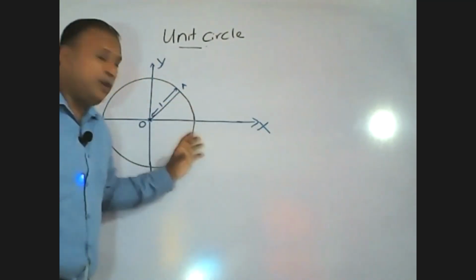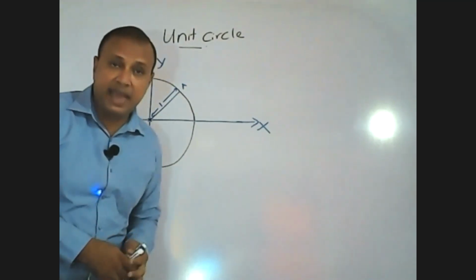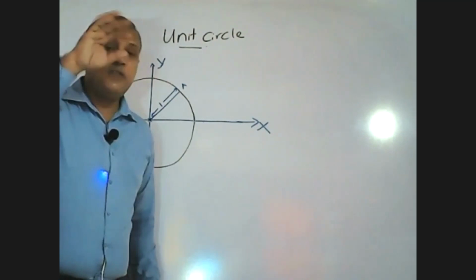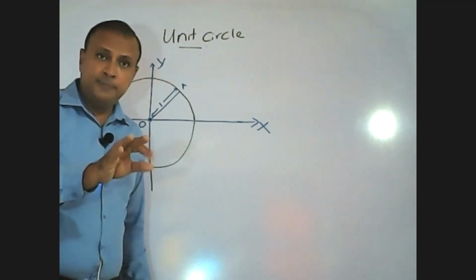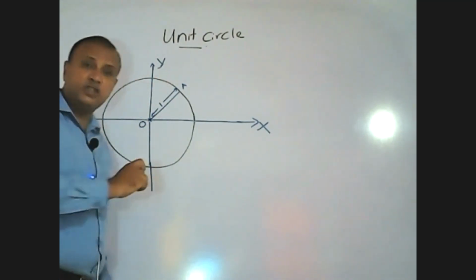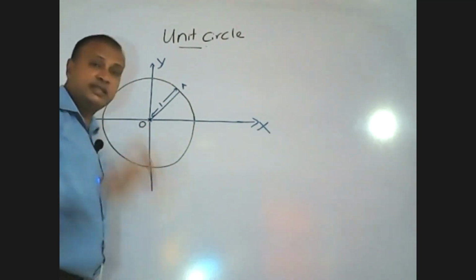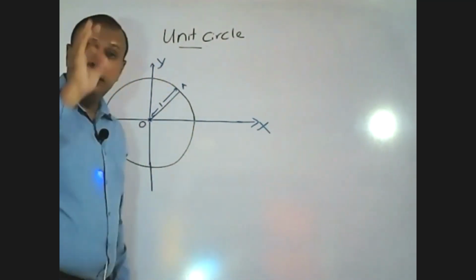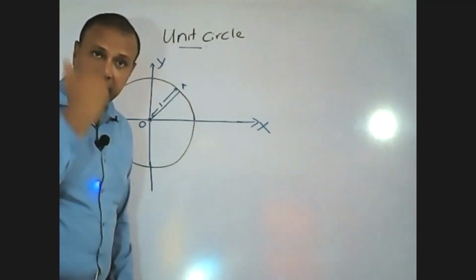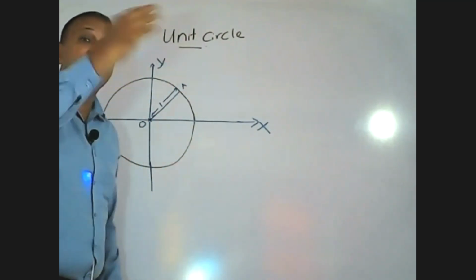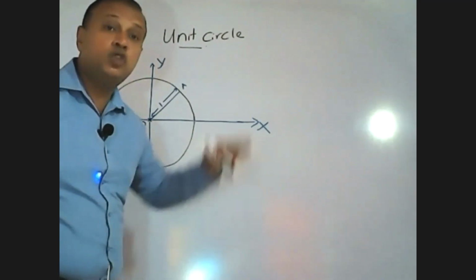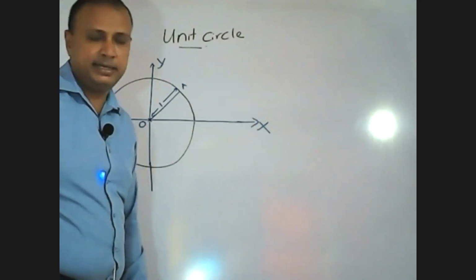So this kind of circle is called a unit circle. So what is a unit circle? If I draw a circle such that the center of the circle is the origin and the radius of the circle is a unit length, such a circle is called a unit circle.